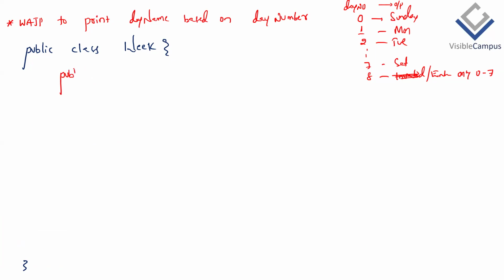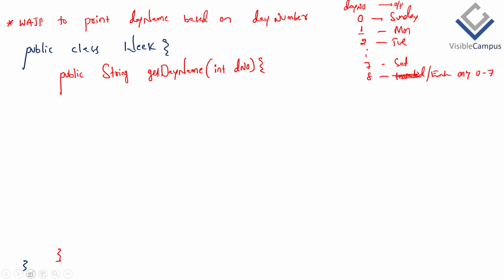Based on that, public is the access modifier. Then what's the return type? String is the return type. Then getDayName is my method name. It takes an input, say dno for day number. This is the input. Now immediately we'll get an error because the return type is a value type but there is no return statement. Correct?